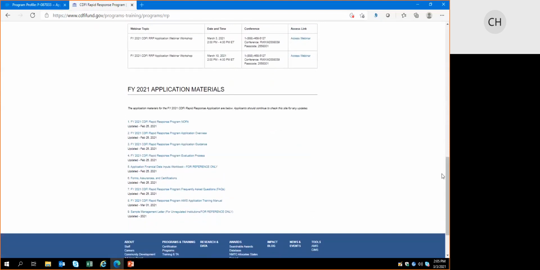And then down at the bottom of the page, we've got a series of 9 documents that should help you navigate the process of launching and completing an RRP application, from the NOFA to an AMOS training manual that will allow you to step-by-step navigate the RRP application.